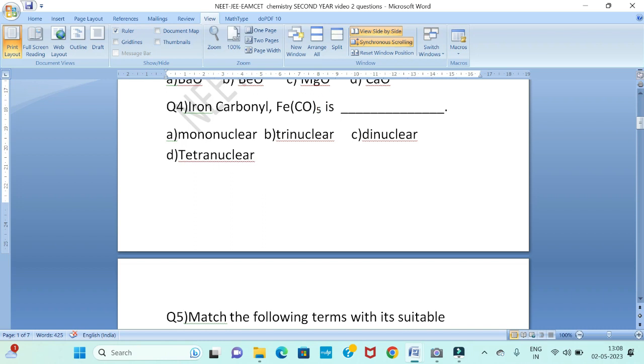Iron carbonyl is, what is the answer? Think.